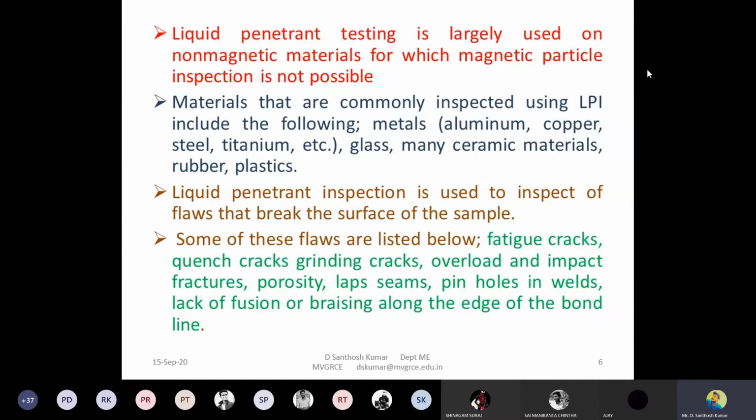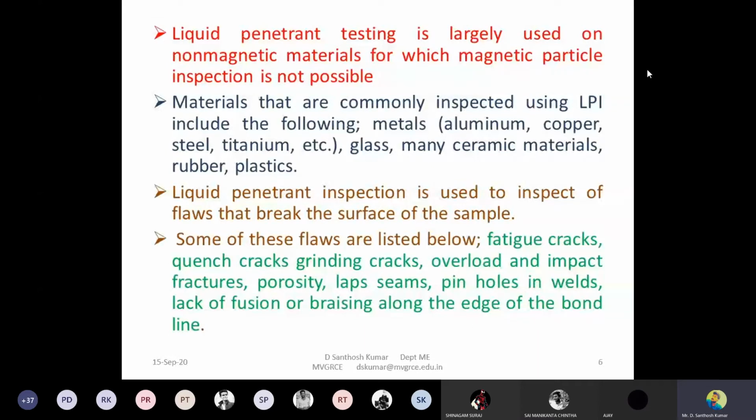You can go for porosity, and also pinholes in the welds, lack of fusion. These are different kinds of defects arising due to different manufacturing processes. You get different kinds of flaws in castings or weldings, as well as forgings. So within the three manufacturing methods, different kinds of defects can arise.